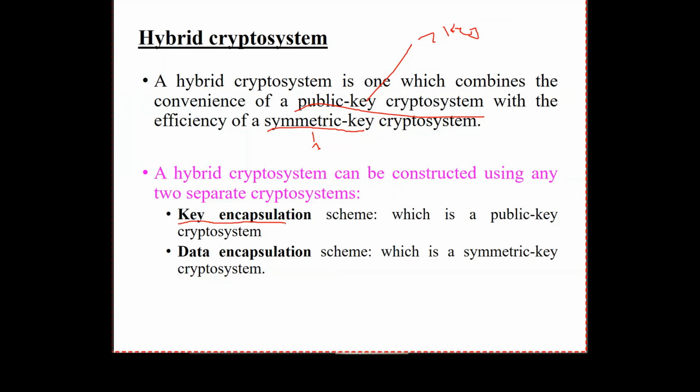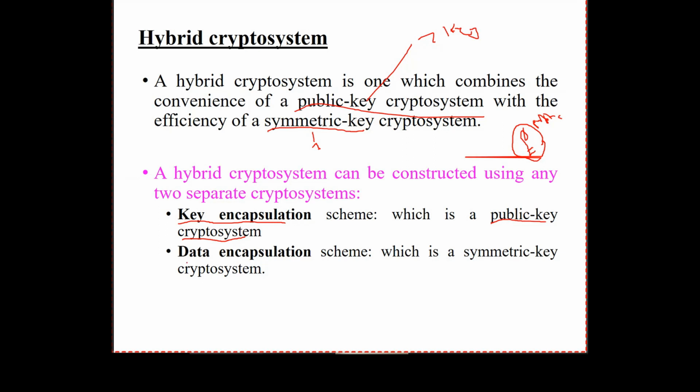In this case, we use the public key cryptosystem. We have the secret key, and we encapsulate it using the public key. It is similar to what we did when we encrypted the session key in CrypTool.